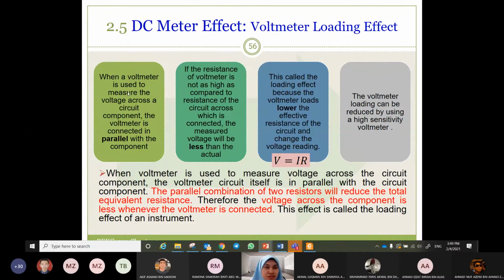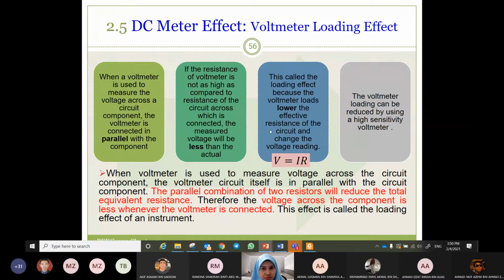When a voltmeter is used to measure the voltage across a circuit component, let's say R, the voltmeter is connected in parallel with the component because we want to measure voltage. If the resistance of the voltmeter is not high compared to the resistance of the circuit across which it is connected, the measured voltage will be less than the actual.